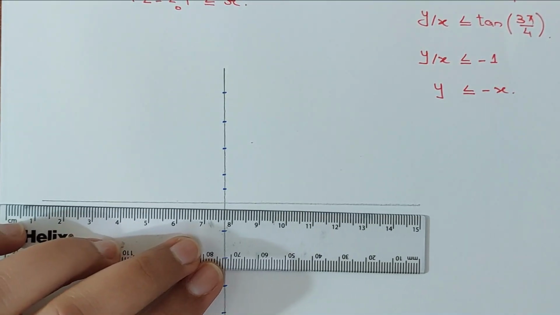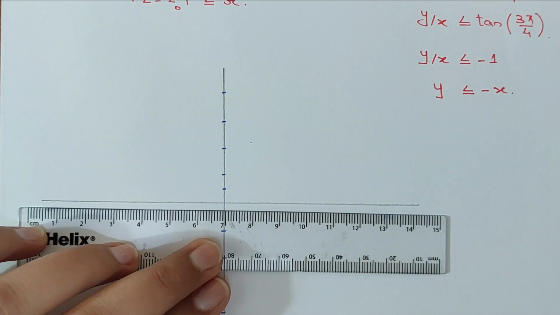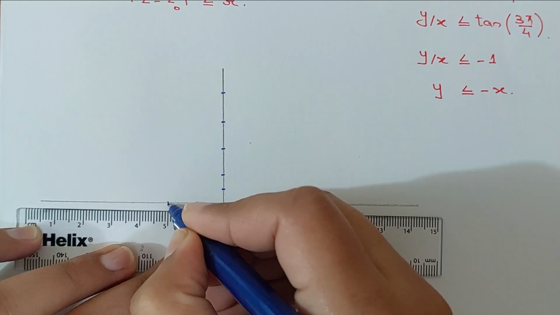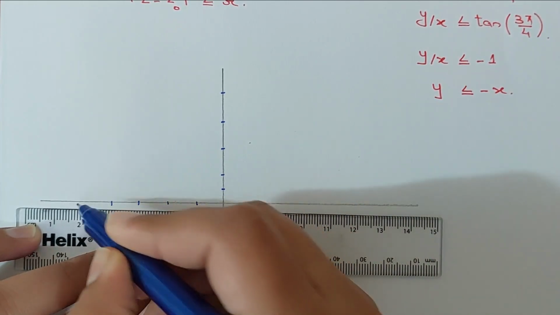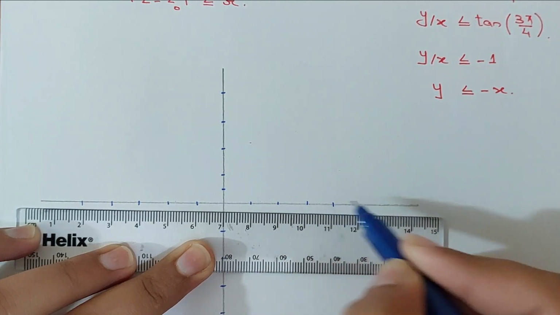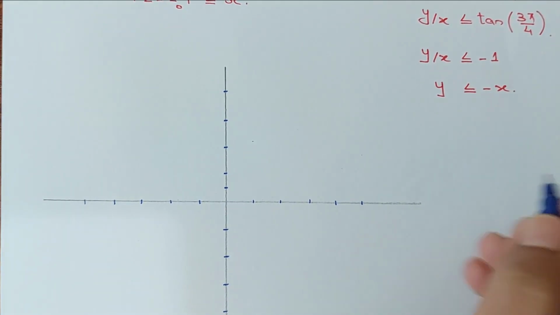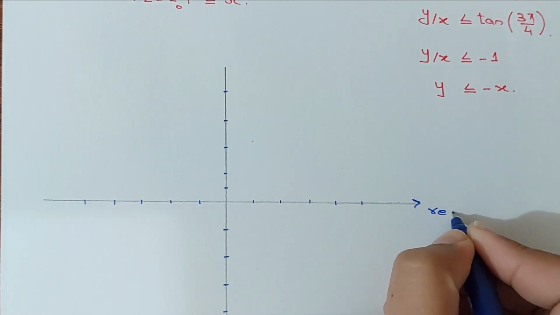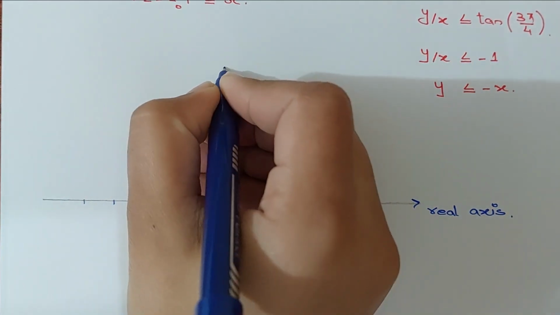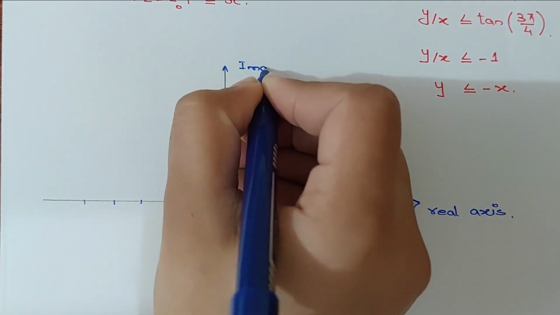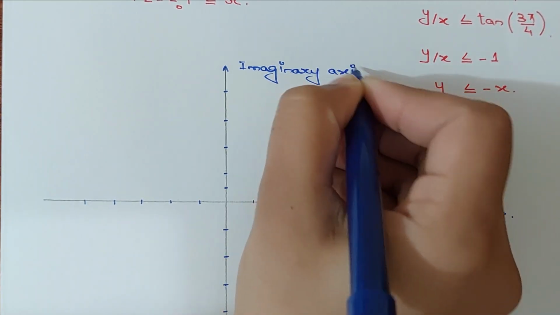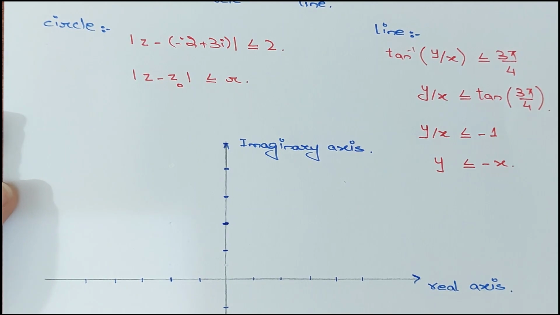And the rest of the values on the x-axis are -1, -2, -3, -4, -5, 1, 2, 3, 4, 5. So this is the real axis, and this is the imaginary axis in Argand's diagram, right?